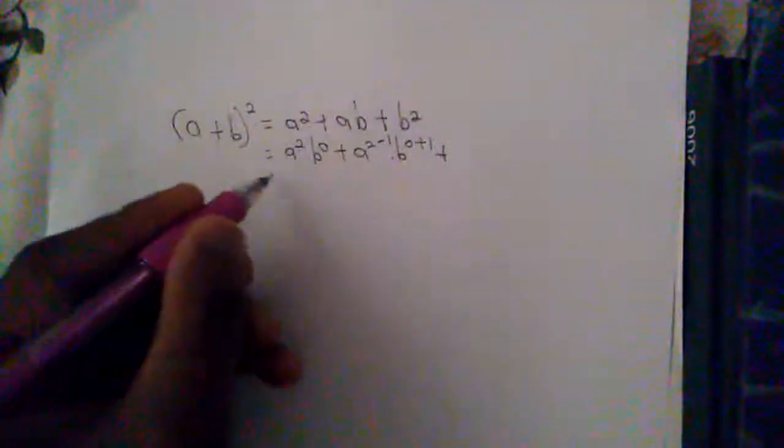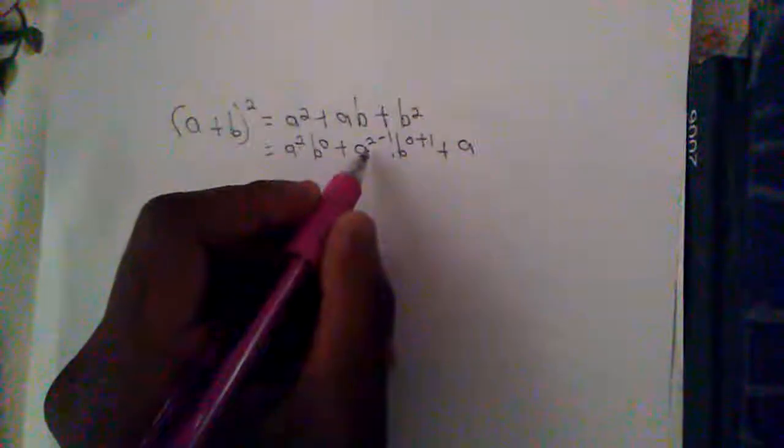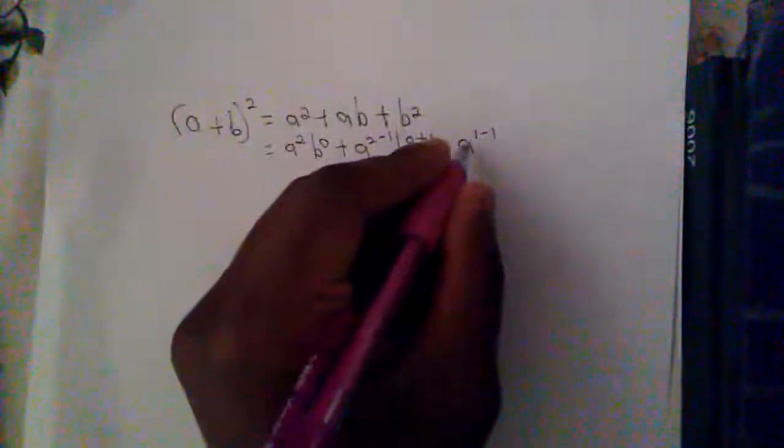And then we'll get plus a, which will end up being powered by 1. So we'll get here 1 minus 1. It will be a to the power 1 minus 1, multiplied by b.